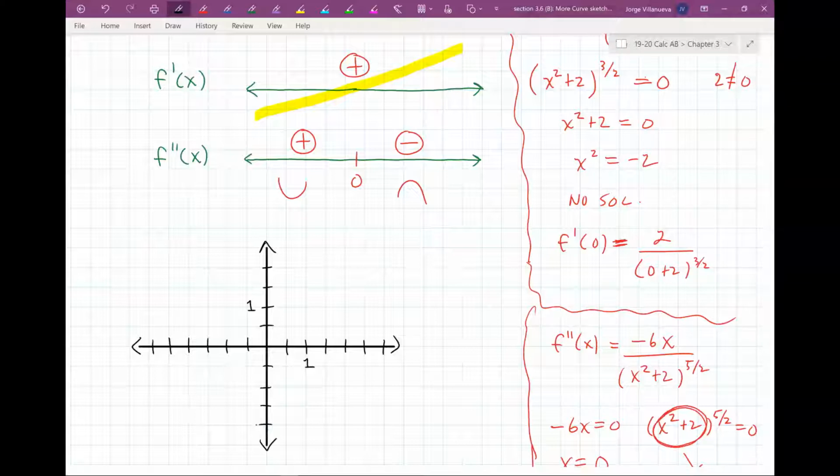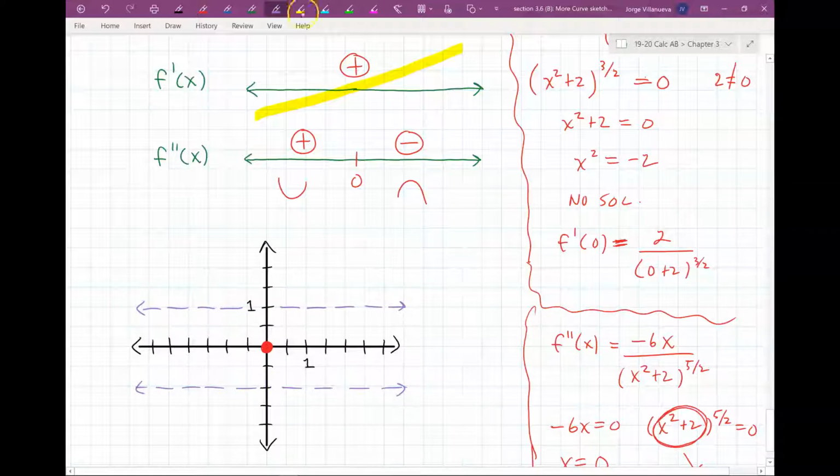So I start off by plotting points. So what's my x-intercept? 0, 0, right? What's my y-intercept? 0, 0. Do I have a vertical asymptote? Horizontal asymptote? Where at? 1 and -1. So here's the one at 1. Here's the one at -1.